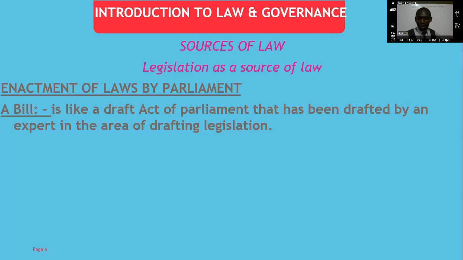A bill is drafted by an expert in the area of drafting legislation. There are people who are trained in drafting of bills, and that is their role.